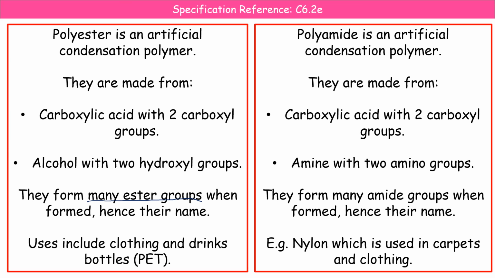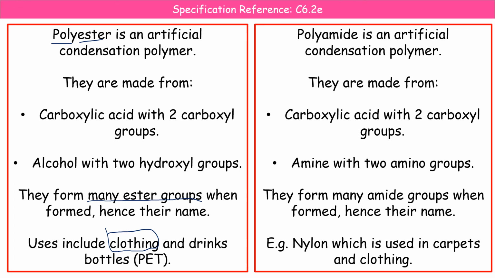Hence the name polyester. Poly means many and ester is the group we're making. Polyester is used in clothing predominantly, that's probably where you've heard the name before, and we also use it in some drinks bottles.